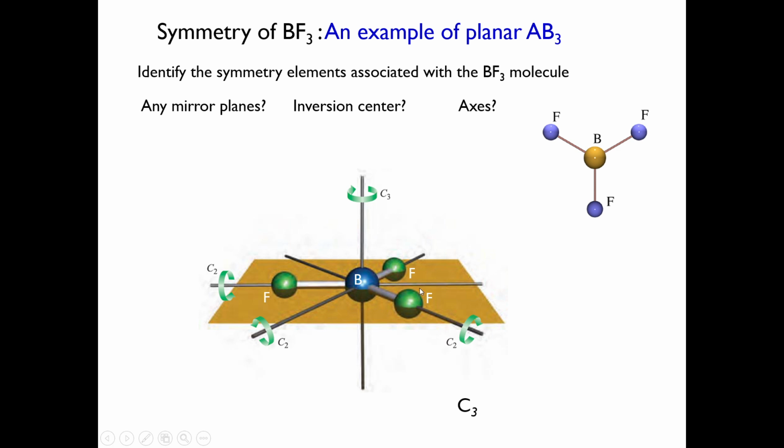At the same time, where each C2 axis goes is part of a vertical plane. So there are 3 C2s and along them 3 vertical planes. In addition to that, a horizontal plane is there, and a C3 axis is there.